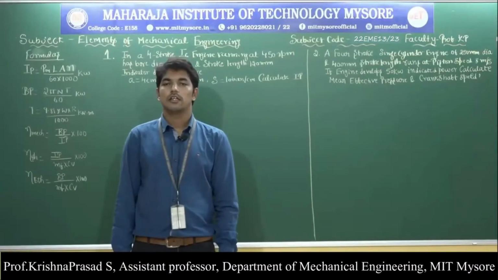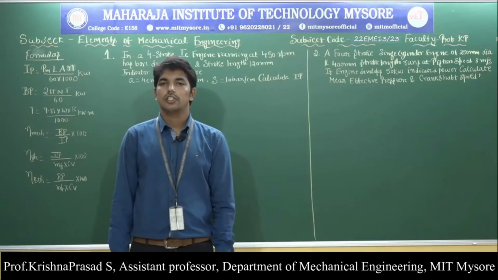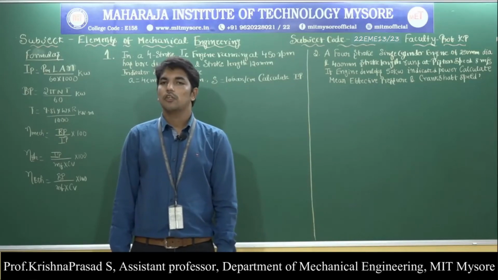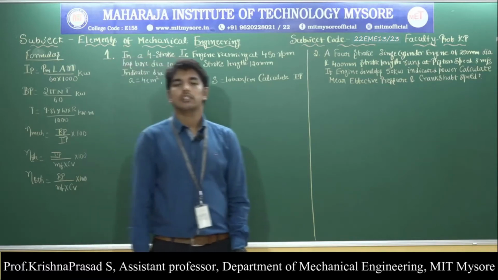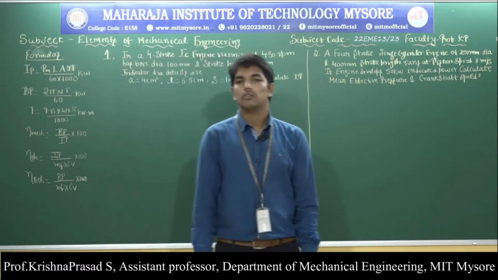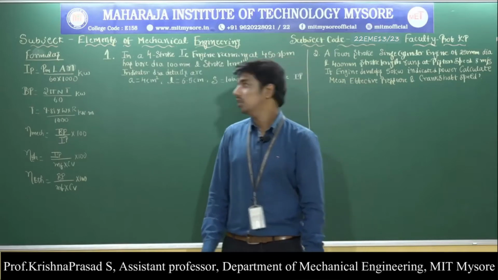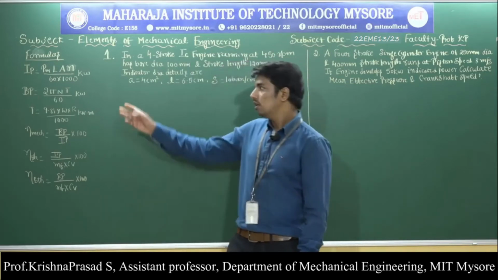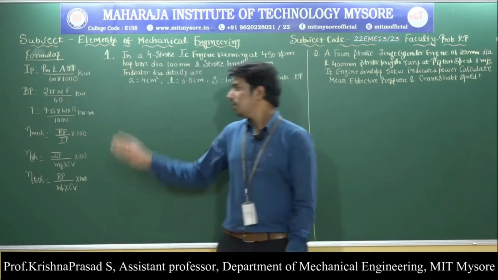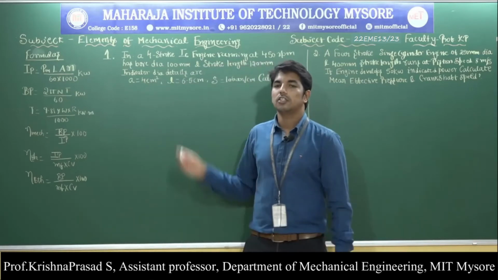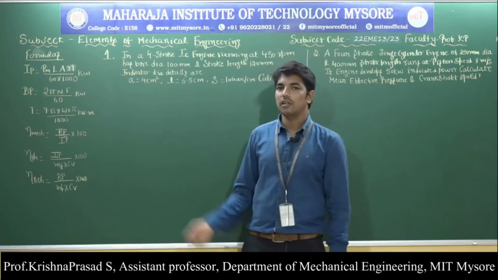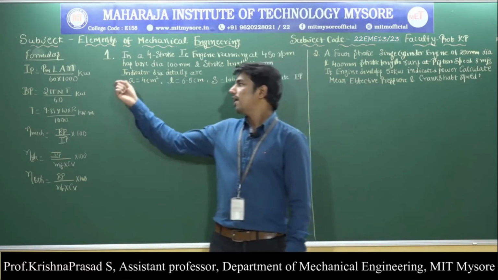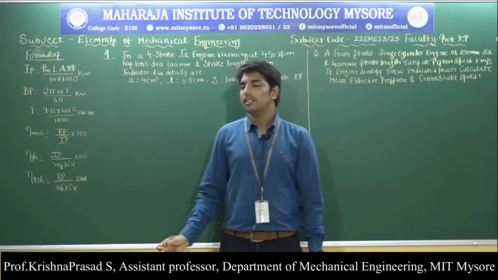Hello students, welcome all to this session. We are discussing numericals on internal combustion engine. In the previous session we discussed the list of formulas we are going to use in the case of the internal combustion engine. First, indicated power is the total amount of power produced inside the engine cylinder, and that is equal to PLAN by 60 into 1000, with the unit in kilowatts.